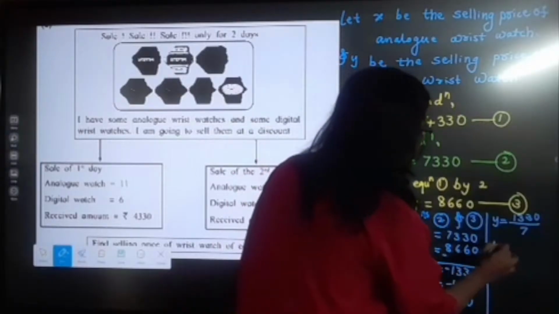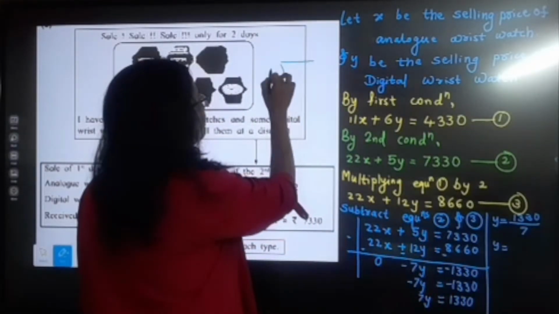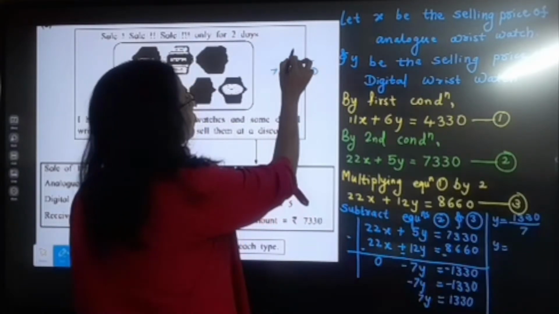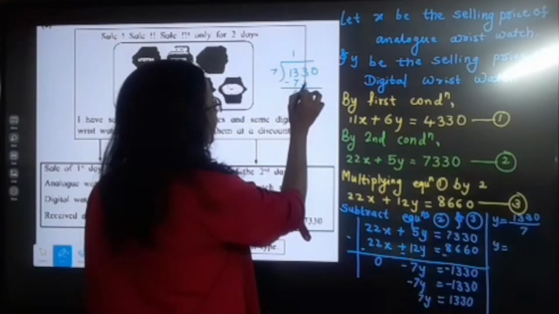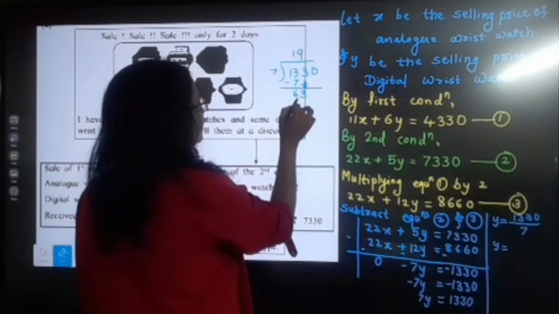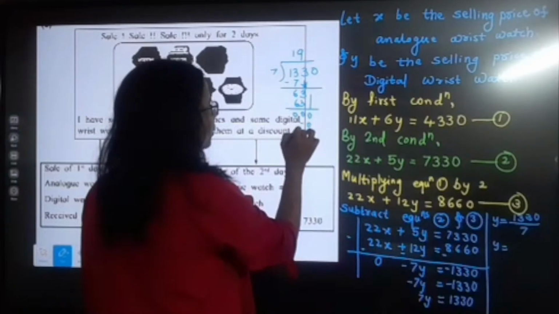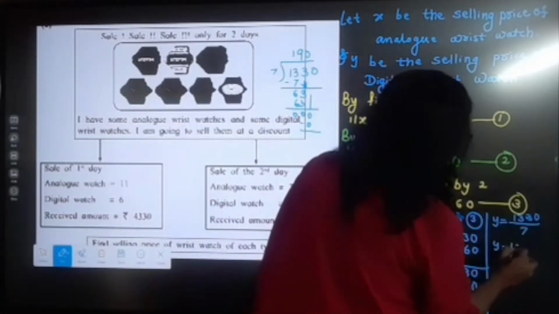Here, 7 nines are 63 and here 0. So 190. So y is equal to 190.